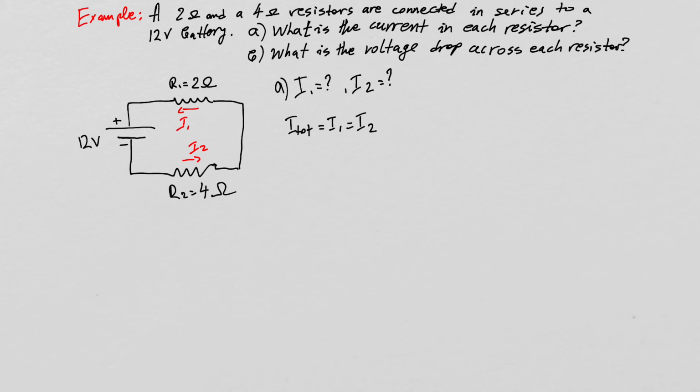So then I have two possible ways to go about it, one of which is not going to give me a result. What is this one way that is not going to work? That would be to use Ohm's law for the individual resistors. This is not going to work because I don't know what the voltage drops are for each resistor.